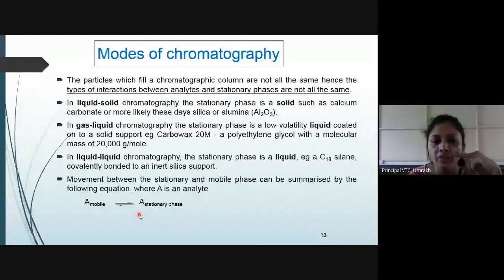Your analyte will be moving from the stationary phase to the mobile phase and vice versa.